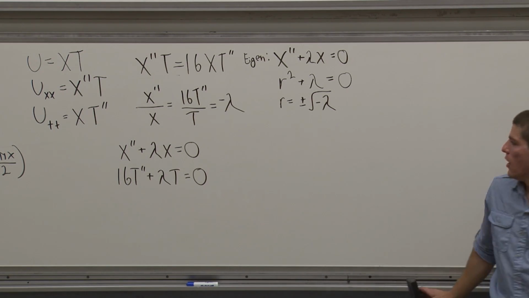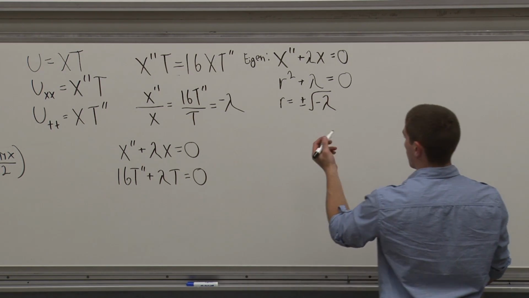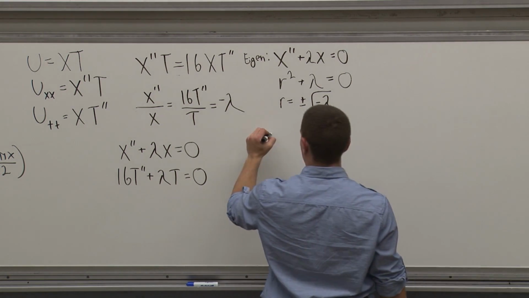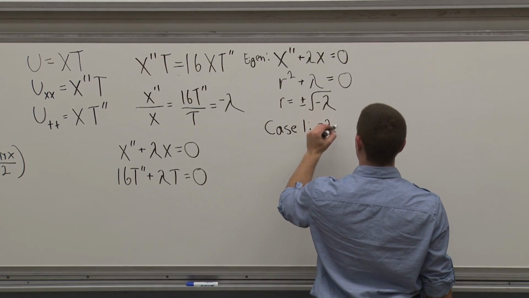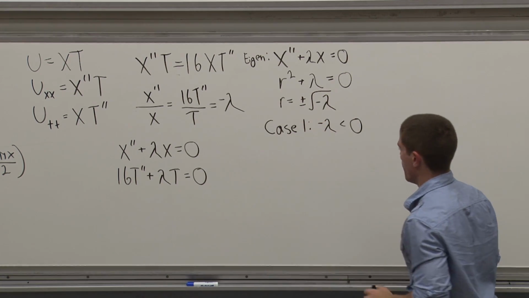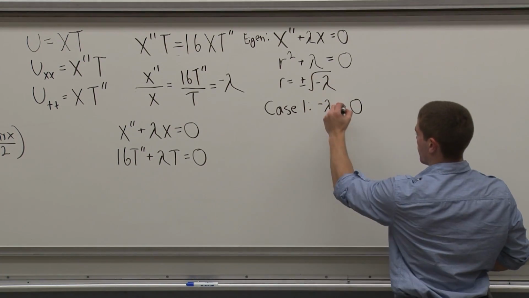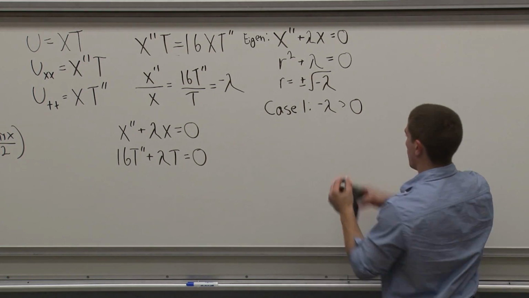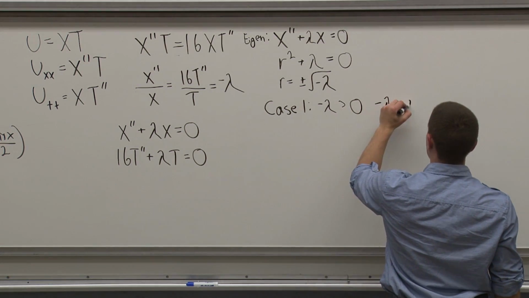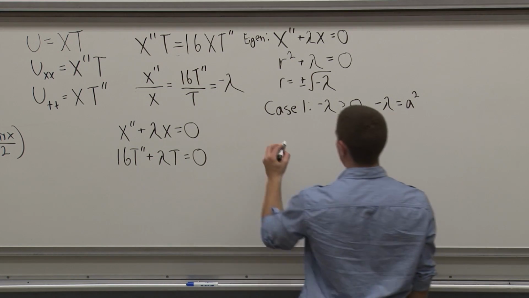No? Okay, cool. All right, so now after this, we could use case 1. I'll write case 1 right here. So case 1 occurs when everything underneath the square root is greater than 0. So that's greater than 0. We're going to turn negative lambda equal to a squared, right? Can't equal 0.